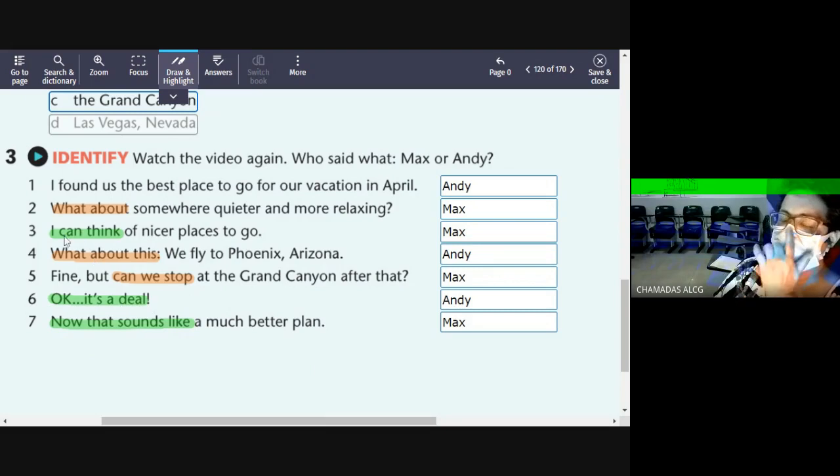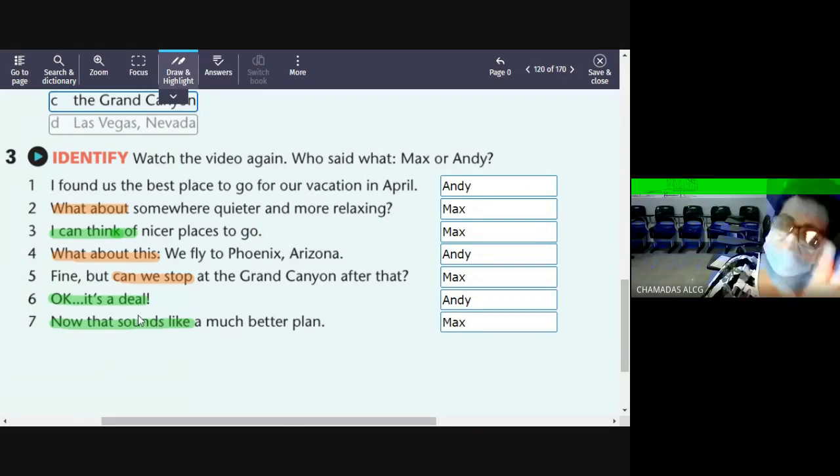So here we have 3 ways to give opinion. Oh, I can think of nicer places to go, in my opinion, okay? Okay, it's a deal. It's a deal, guys. It's an expression that means, okay, combinado. All right? Okay, it's a deal. All right, people? Now that sounds like a much better plan.